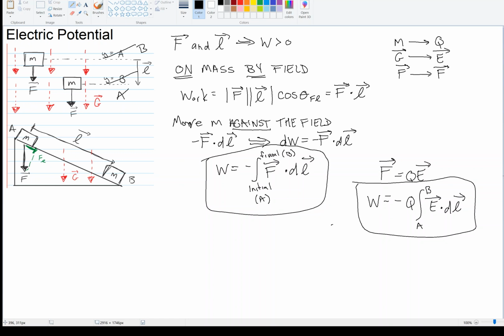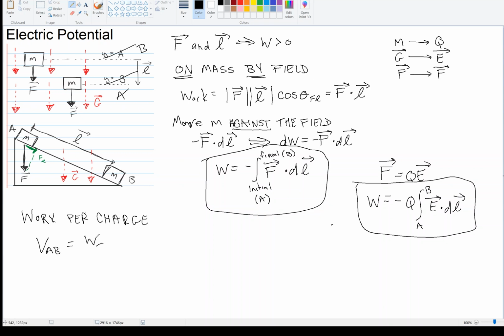Usually, instead of talking about work in electricity, what we talk about is work per charge. So that we normalize the work to take this Q out of the equation and talk about work per charge. In that case, we use the letter V sub AB.